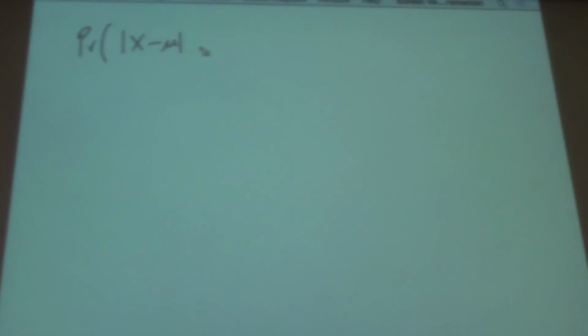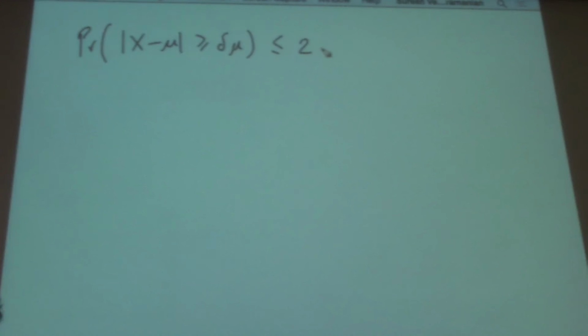So again, you have the same setup as before. Probability, and I'm going to make this even slightly different. I'm going to say the probability you deviate from the mean in any direction, above or below, is 2, because there are two sides to this, e to the minus something.